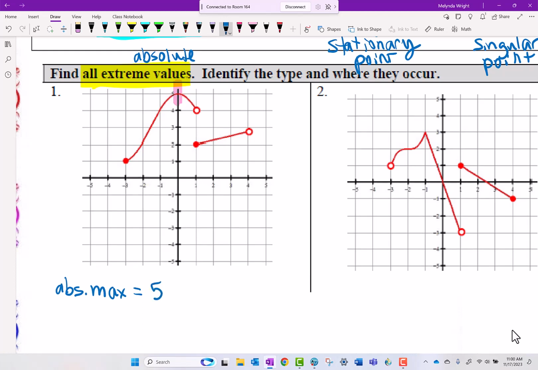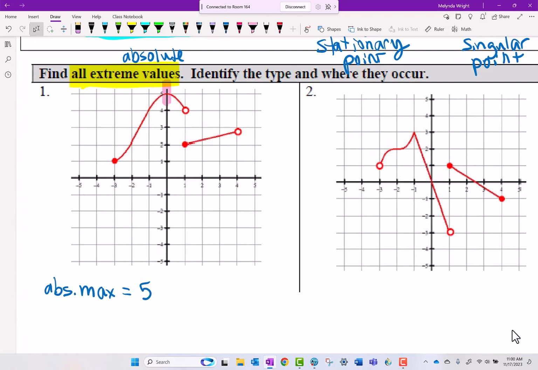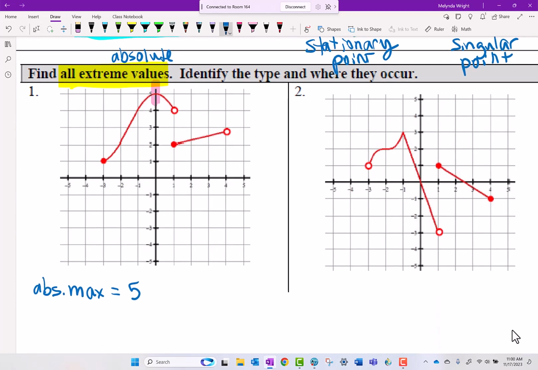Many times we are tempted to put the x value, and I know we really are all about x's, but it's the y value. Now, we can give additional information and say that this occurs at x equals 0. The maximum y value is 5, and it's at x equals 0. That's fine to include, but we have to actually name the maximum value as the y value.